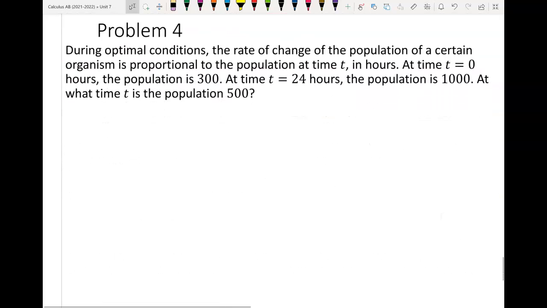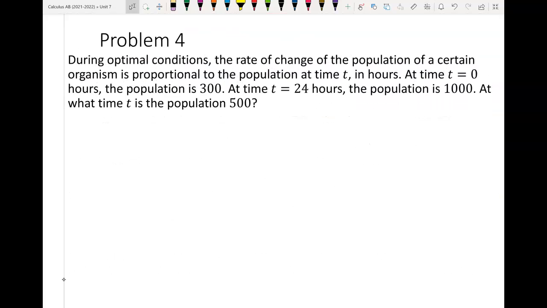Okay. Go ahead and try this one. So, very first thing, it says the rate of change of the population. Rate of change of the population, that would be dp dt, is proportional to the population.